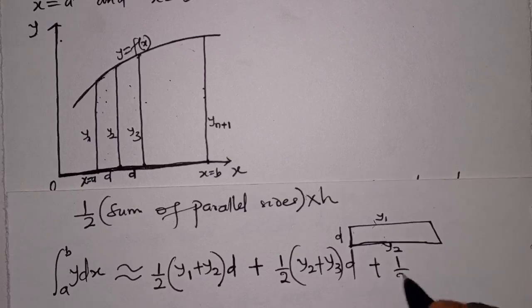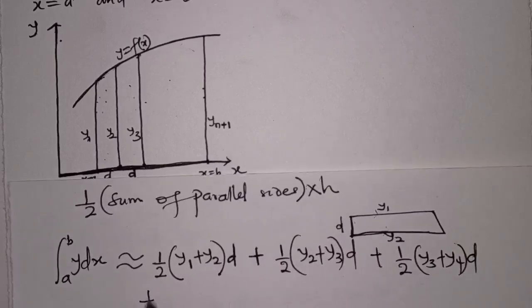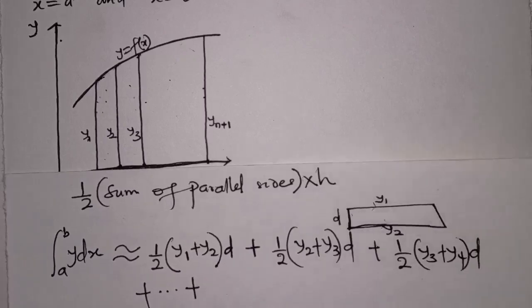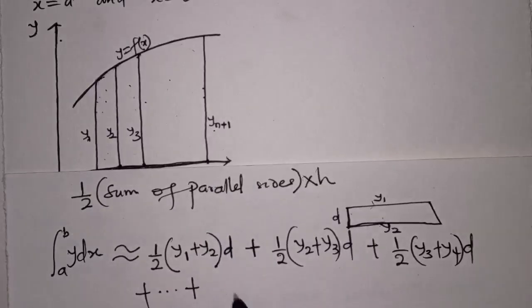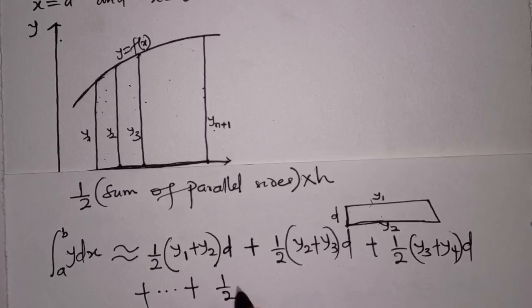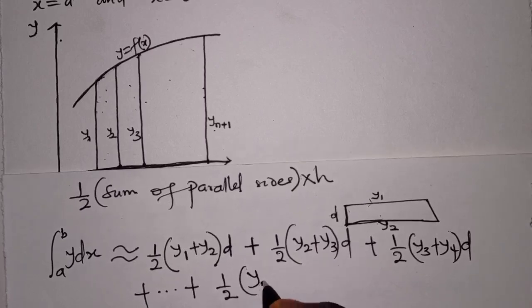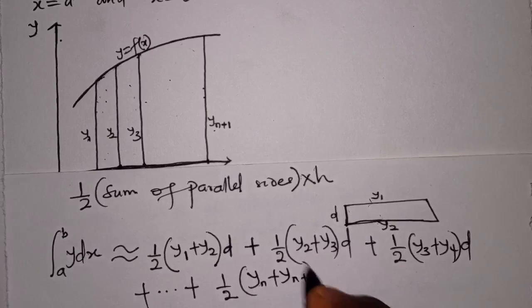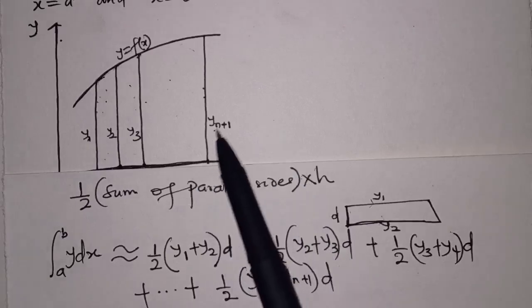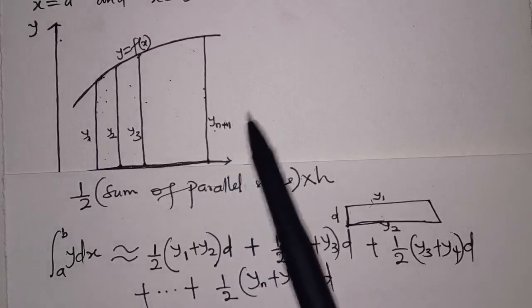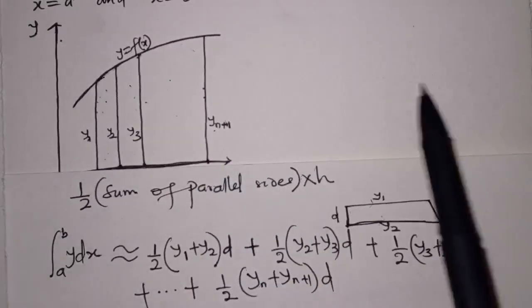The next one, 1 over 2, y3 plus y4 times d, plus, as much as we have up to the last one, 1 over 2 into yn plus yn plus 1 into d. Don't be confused. If this is yn plus 1, it means that the ordinate before this is yn.